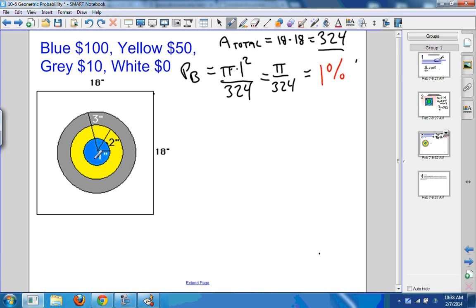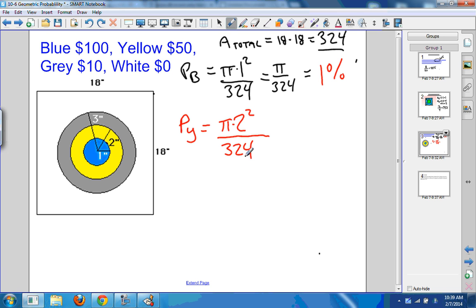Alright, so the second probability we're going to look at is the probability of yellow. So the probability of yellow here, it looks like it has a radius of 2 inches. So we can say the probability of yellow is pi times its radius squared divided by 324, my total again.